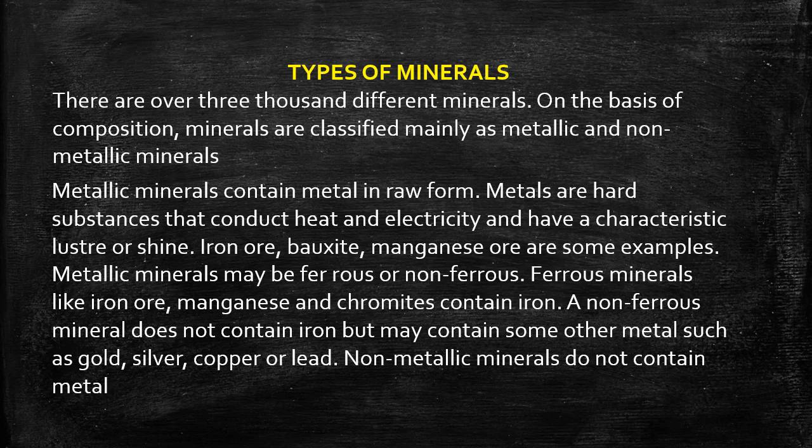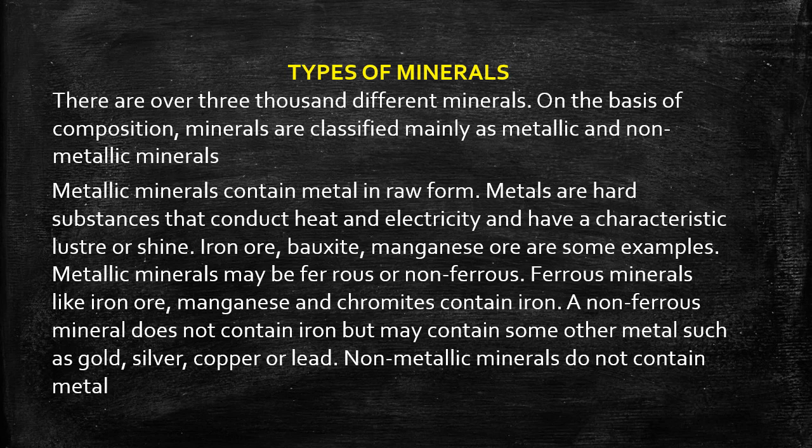And now you will think what are ferrous minerals and what are non-ferrous minerals. So it's an important question. You can know by this. The ferrous minerals, like iron ore, manganese, and chromite, contain iron, and non-ferrous minerals do not contain iron, but they contain some other metals.